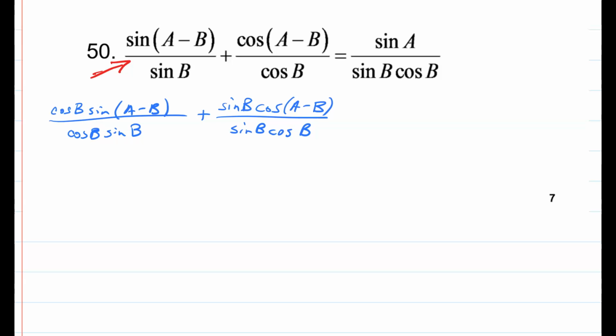In the next step, we're going to use the difference identities for sine and cosine. So we're going to replace this sine of a minus b here by sine of a cosine of b minus cosine of a sine of b.